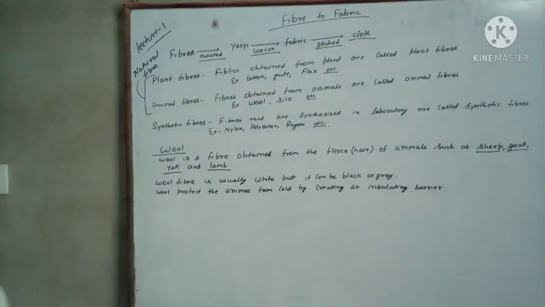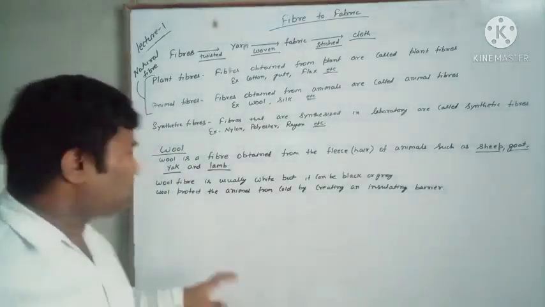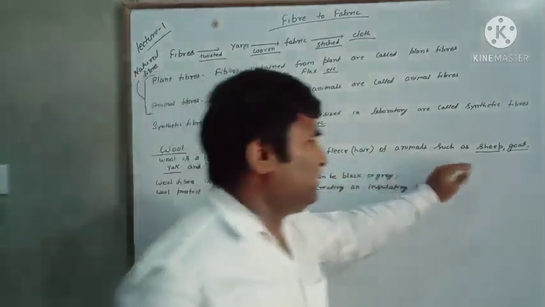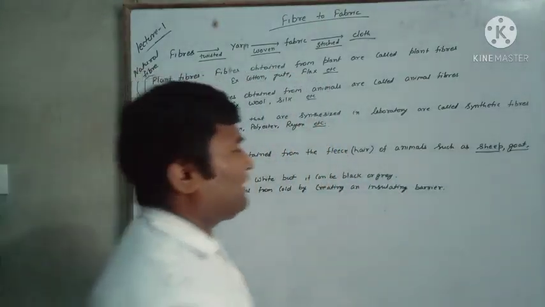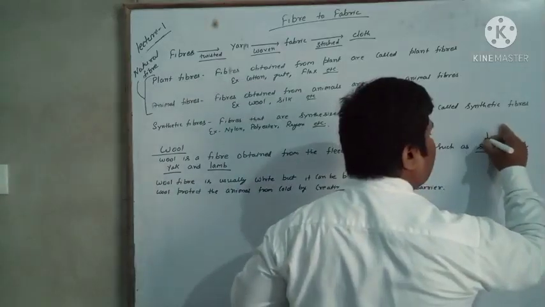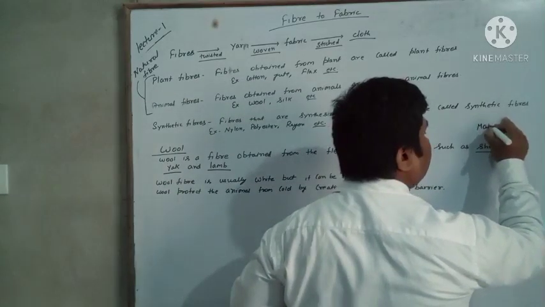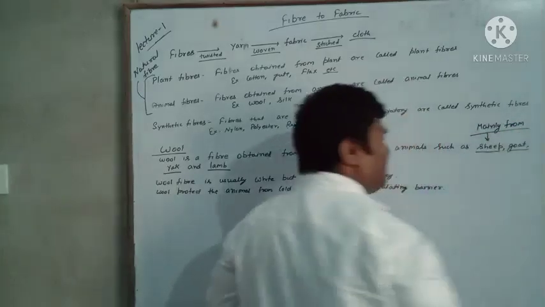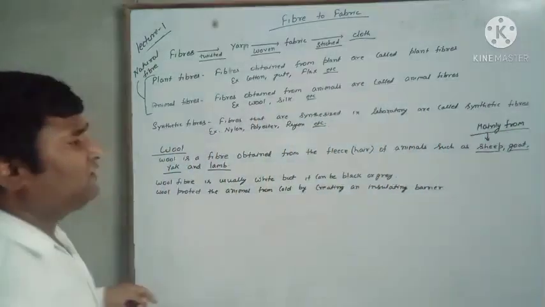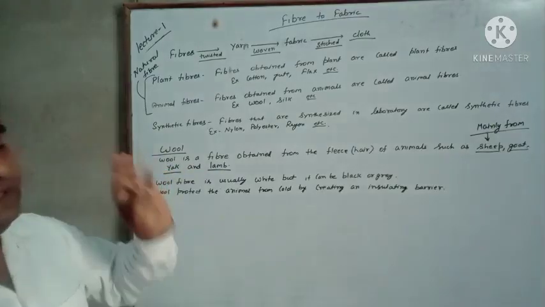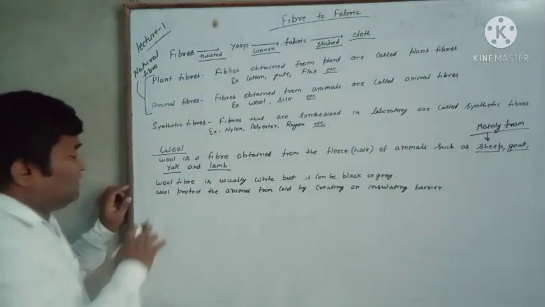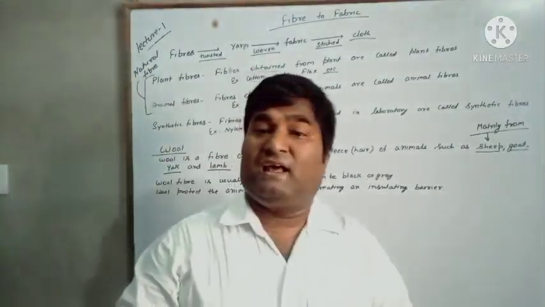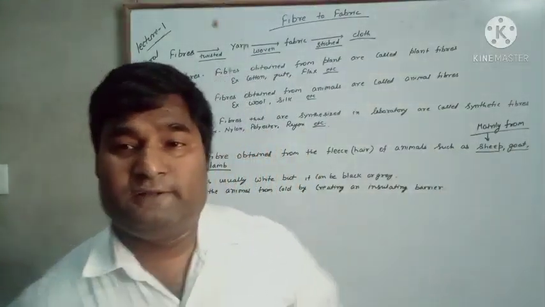So what I have explained till now is that wool is the fiber obtained from animals such as sheep, goat, yak, and lamb, but mainly from sheep. Why do the animals have such a thick layer of hair on their body?